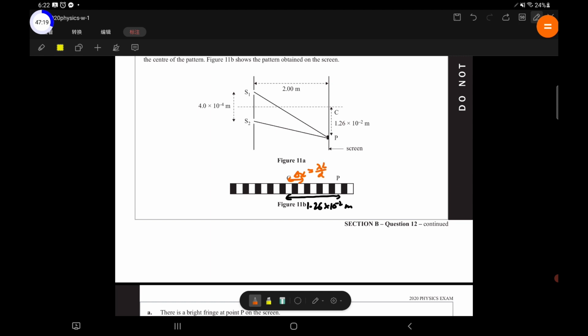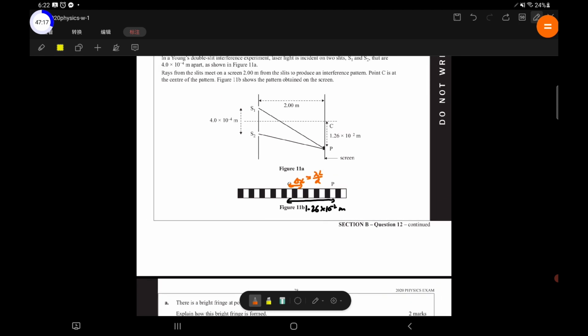So let's try to relate this distance to delta x. How many fringe spacings can we fit in this distance? Well, we have 1, 2, 3 fringe spacings from the looks of it. No, actually we have 4.